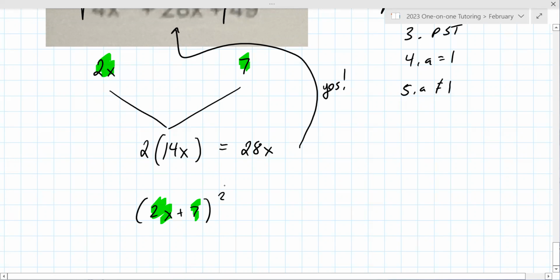So this one works out nice. There's not much more to do. Okay, so on to 17.